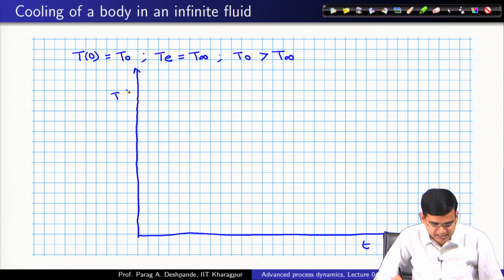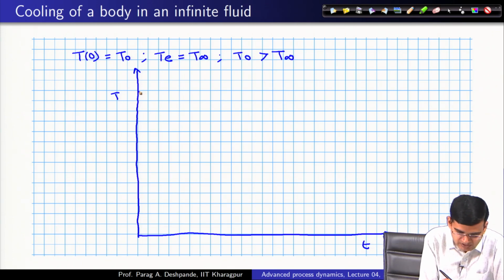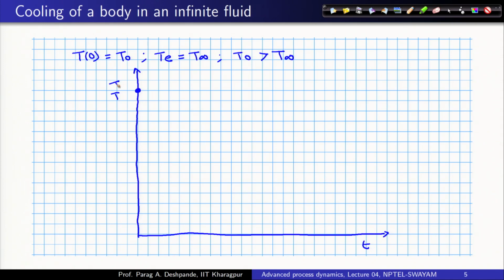So, in this case again I have two extremities. So, let me say that I have T 0 here and I have T infinity here, and these are the extremities.